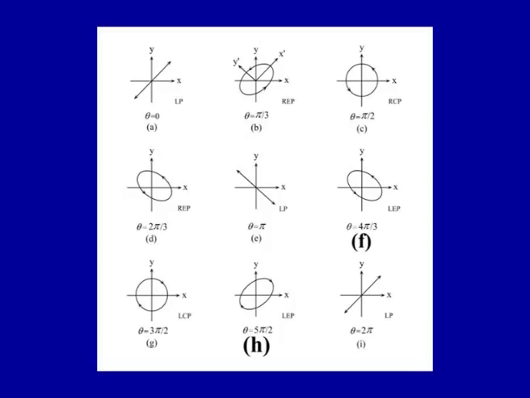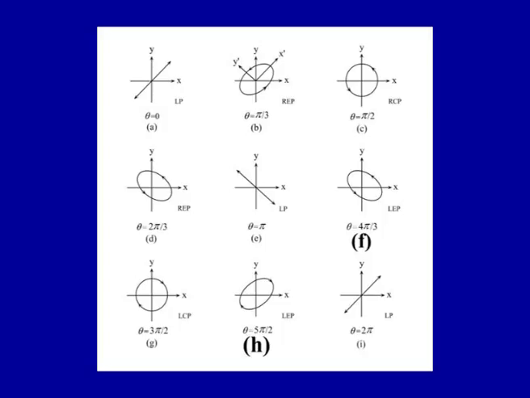If the phase difference is 0 or pi or 2 pi or 3 pi, 4 pi, completely in phase or out of phase, the resultant is again a plane polarized wave, linear vibrations, making an angle of 45 degrees or 135 degrees in this case, A1 equal to A2.